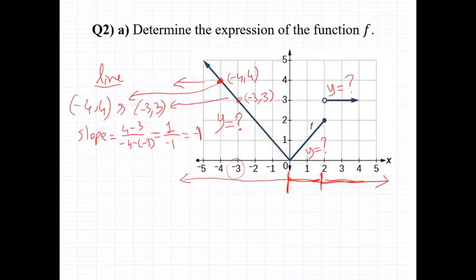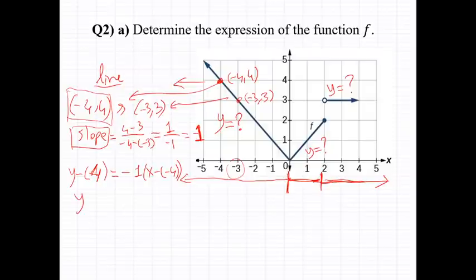Now take a point and write the equation. I'm taking this point and using the slope here. So I will use the point-slope form: y minus 4 is equal to minus 1 times x minus 4.